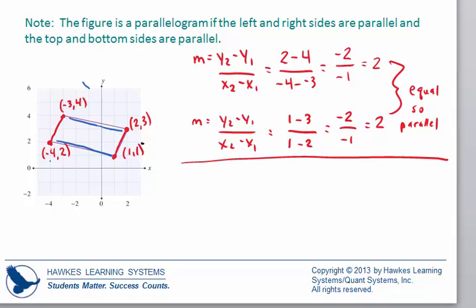Let's look at the top first. Let's label our points. First point will be x1, y1. Second point will be x2, y2. Let's plug into our slope formula.